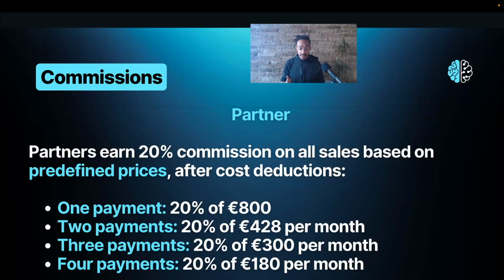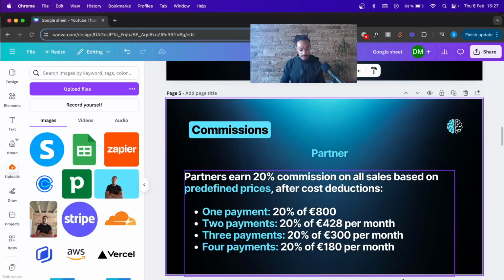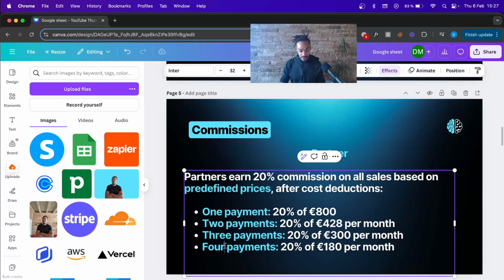Then 3 payments. Now we can see that the base price for it will be 300 euros. And now we divide this 3% across 3 months. So if we're in February right now, that will take us to April, right? February, March, April. And you have the 4 payments, which is actually not even 4 payments, which is actually 5.